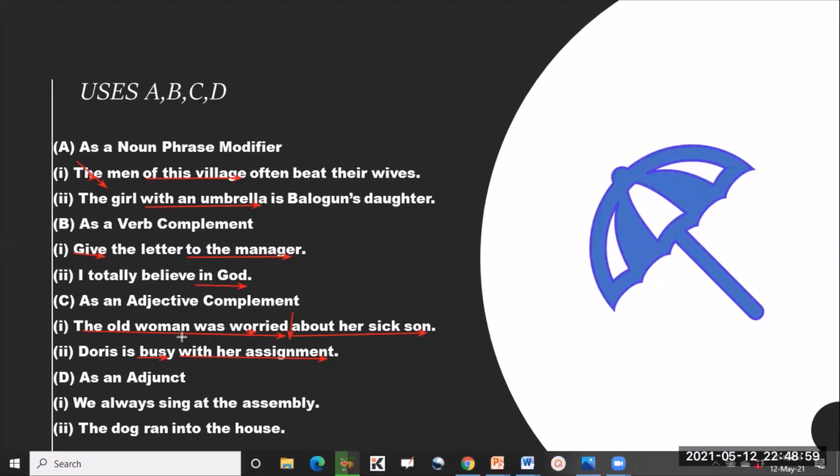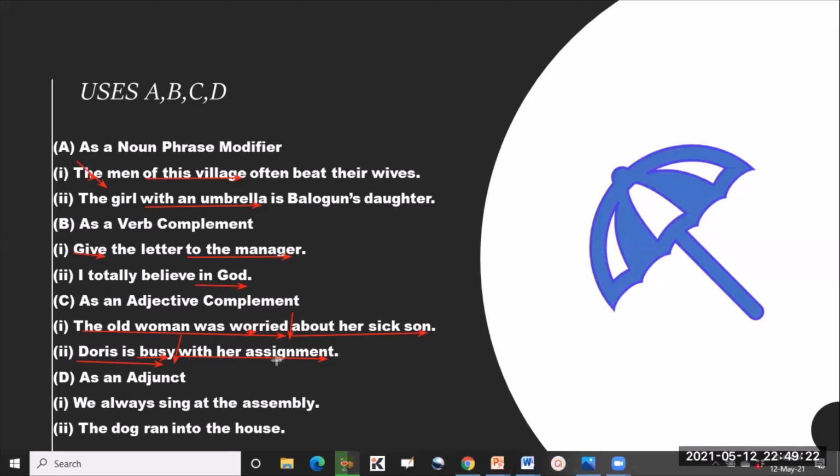How do we know? We use the border principle and the questioning methods. And so when we say Doris is busy and we put a full stop there, the question that arises is, busy with what? You know, she is busy with her assignment.